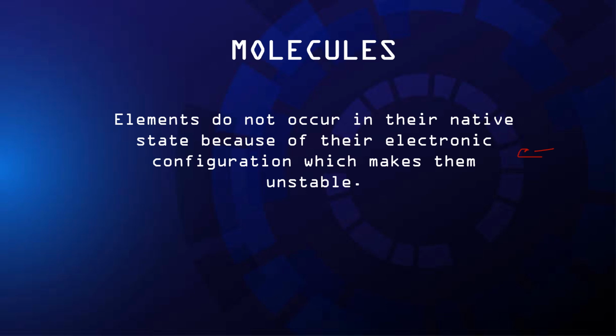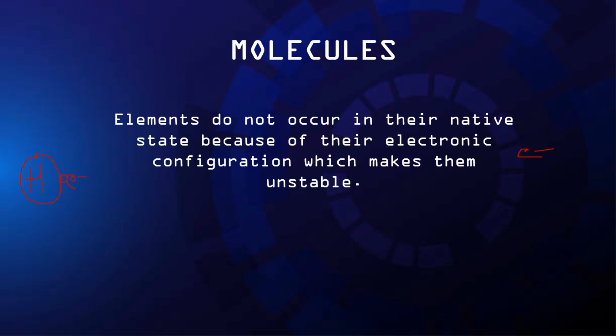To do that, atoms usually bond with each other. Suppose I take the example of hydrogen. Hydrogen has one electron in its outer shell, but it should have two electrons to complete the first shell.